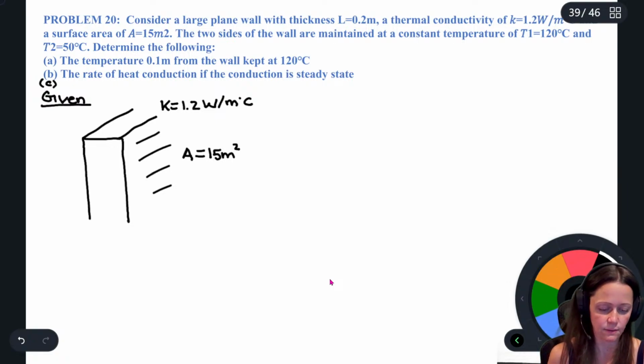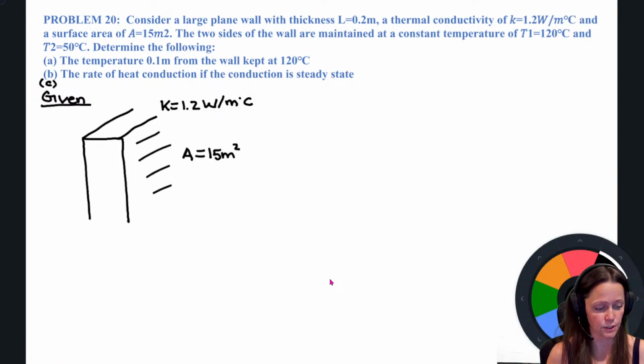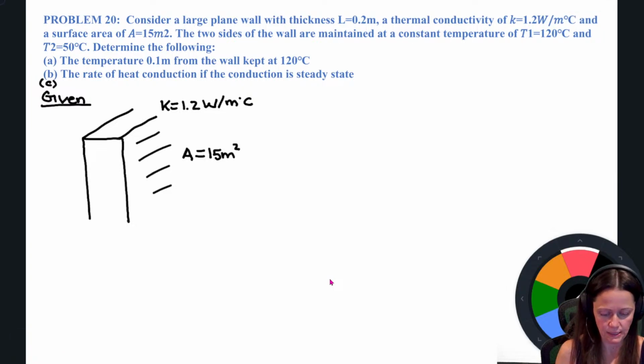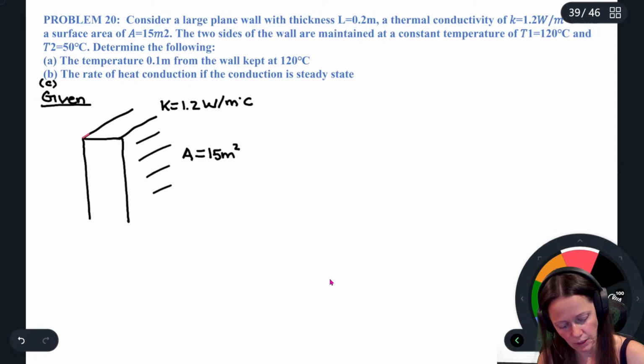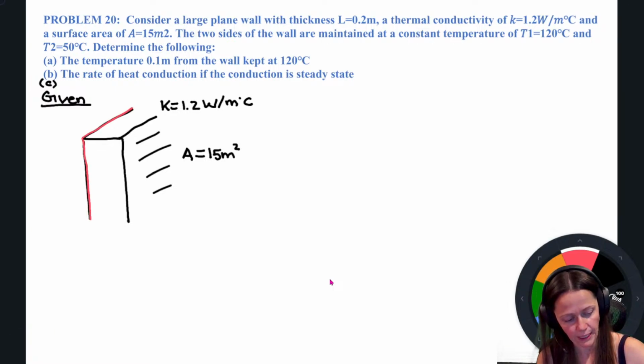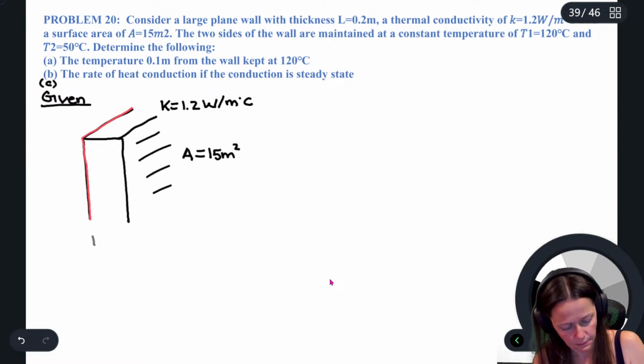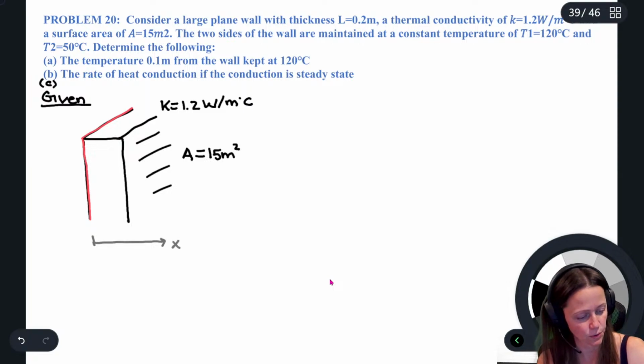Two sides of the wall are maintained at different temperatures. One's at 120 and one's at 50. So the 120 I'm going to put on the left-hand side, just so that when I calculate a Q, it'll end up being a positive number because it's going in the direction of increasing x.